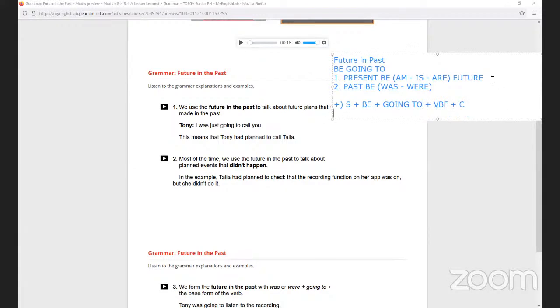So if I use my verb to be in past, was: I was going to travel yesterday. And it means that I didn't travel. So this plan that I had for yesterday couldn't happen.